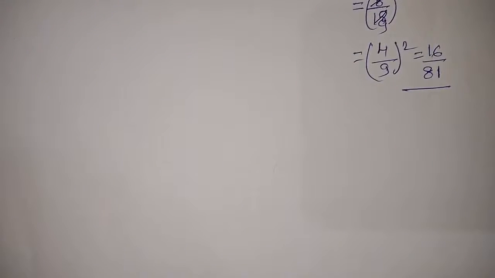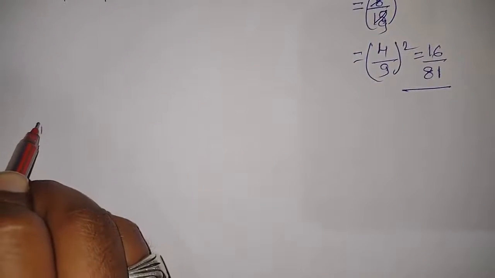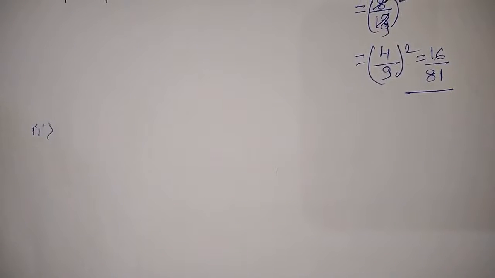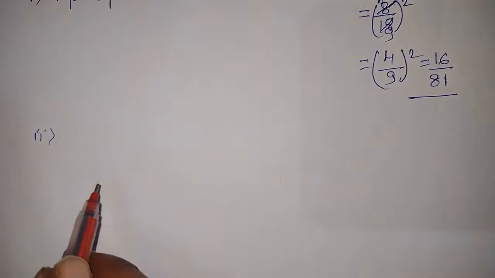So this is the required solution if we draw two red balls. Next, one of the balls is black and another one is red. There are two possibilities.